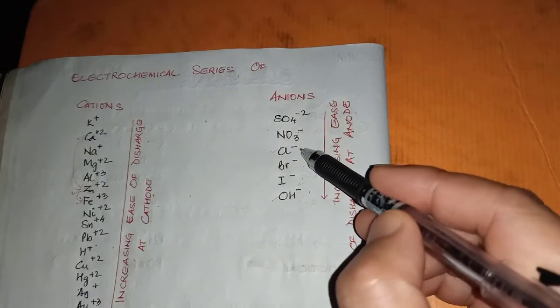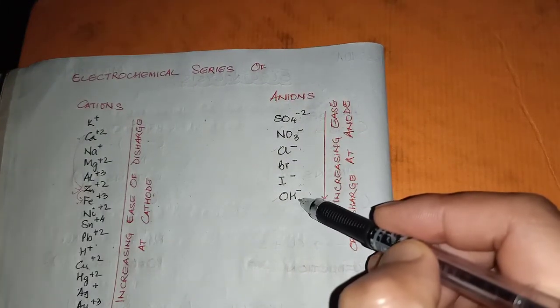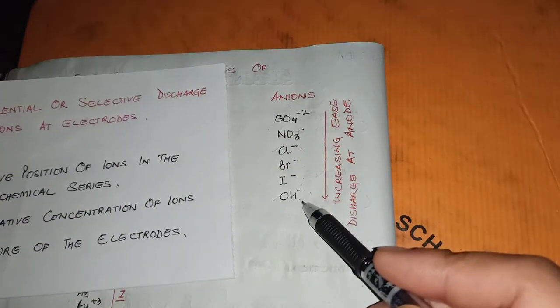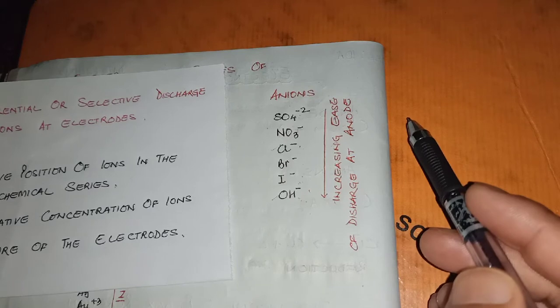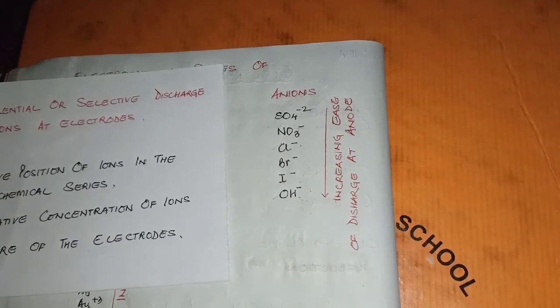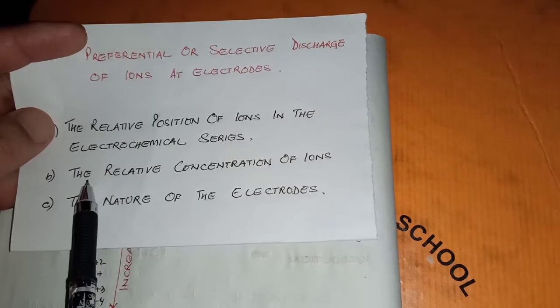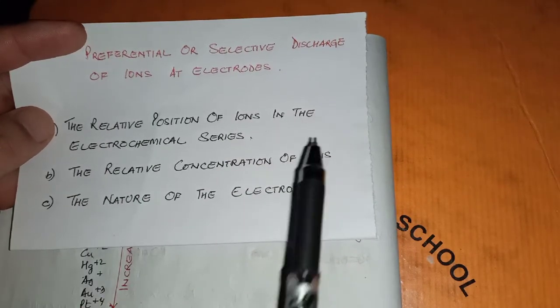Now we also know that hydroxide is at a lower position in the electrochemical series compared to chloride ion. Therefore, according to the first condition, hydroxide ion must be discharged at the anode. But now let's go to the second condition. It also depends on relative concentration of ions.